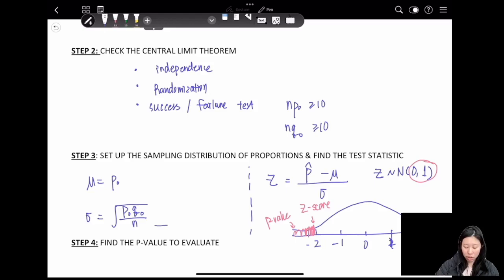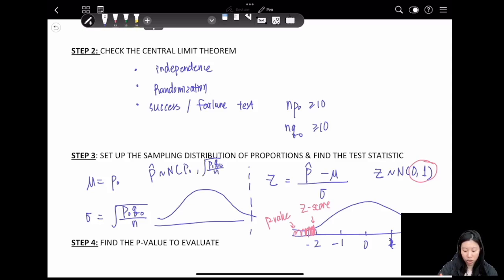But what about the sampling distribution? The center is going to be what? The p hat with the mu of p naught, and the sigma is the square root of p naught q naught divided by n. So we should have the center at p naught, and then add 1 standard deviation and add 2 sigma. Oh, subtract.